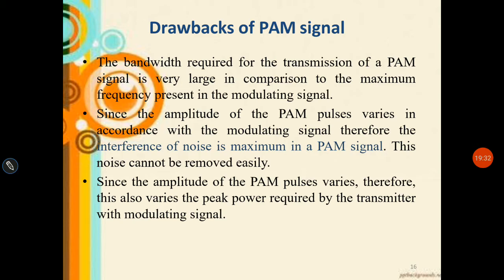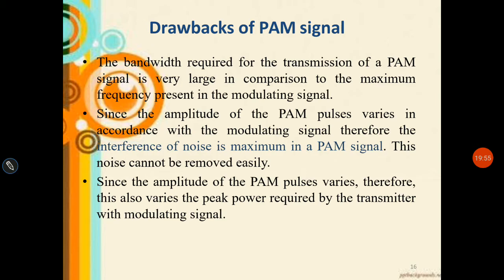And since the amplitude of the PAM pulses varies, this also varies the peak power requirement of the transmitter with the modulating signal. That means the peak power requirement also varies in the transmitter according to the modulating signal.